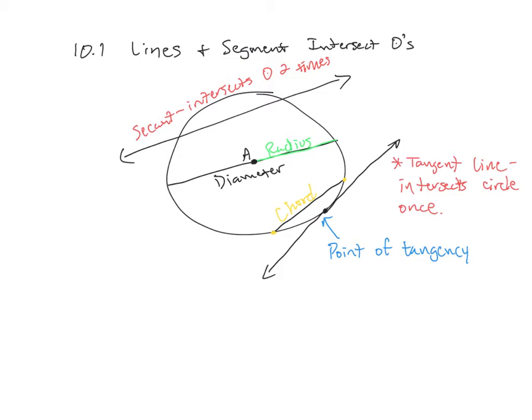So, all right, then we're going to look at a couple theorems. Okay. So it says, well, it's the tangent line to a circle.